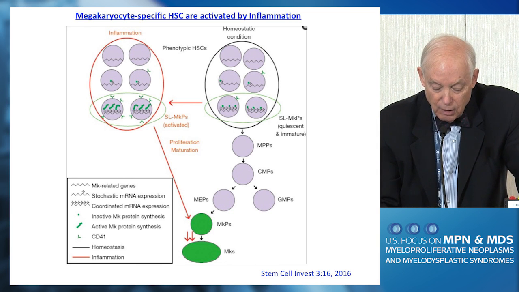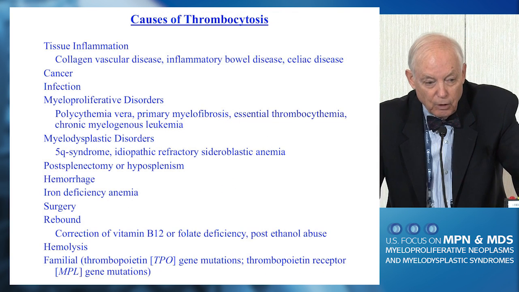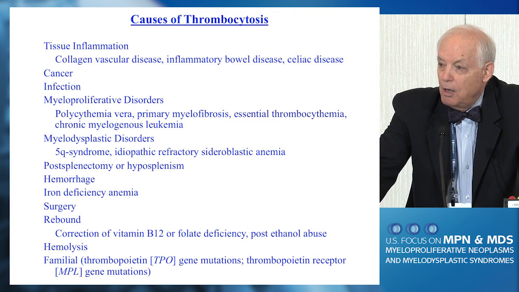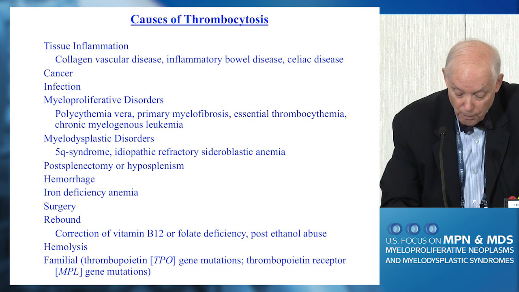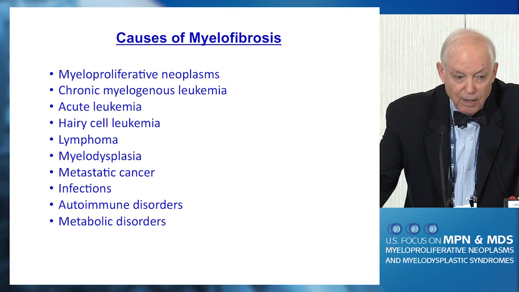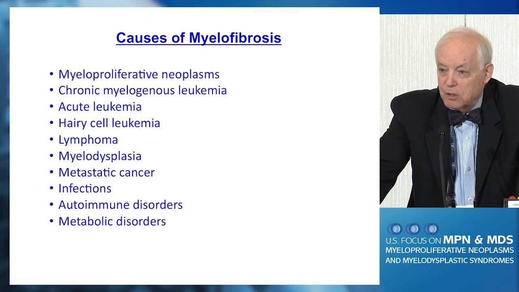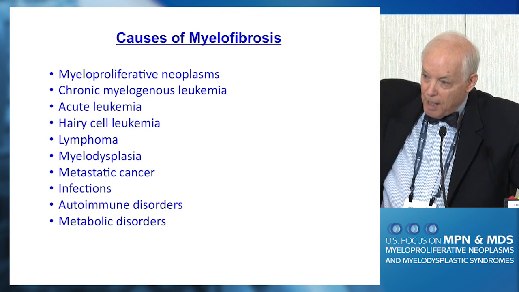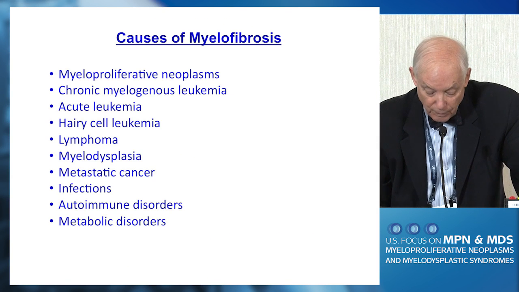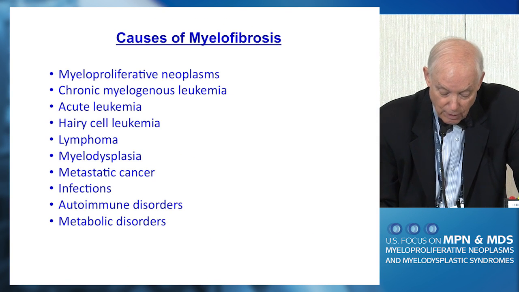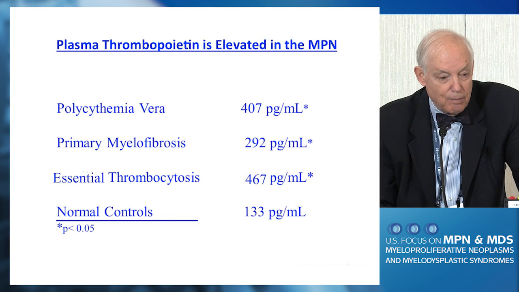So if you look at causes of thrombocytosis, many of these are due to inflammation. So that's activation of that stem cell. And if you look at causes of myelofibrosis, many of them are associated with a high platelet count, and in some cases, an activation of that megakaryocytic stem cell.